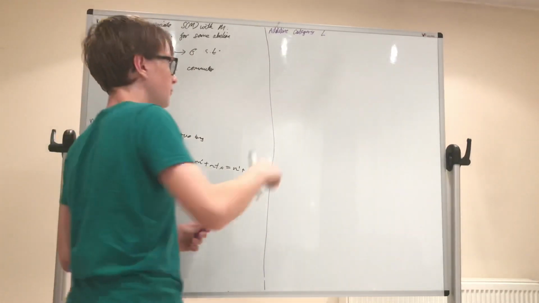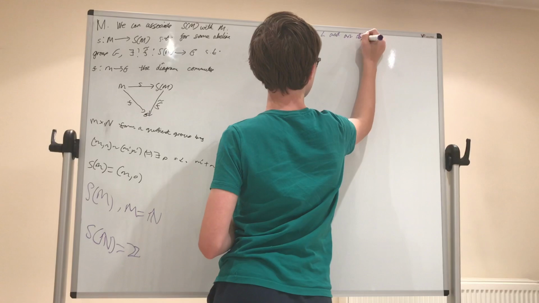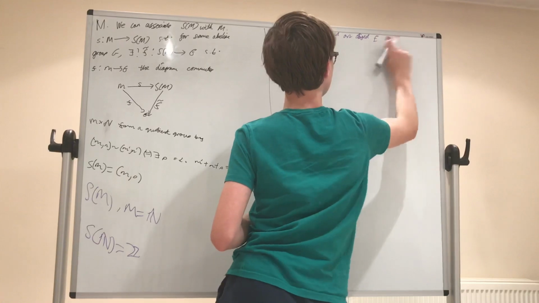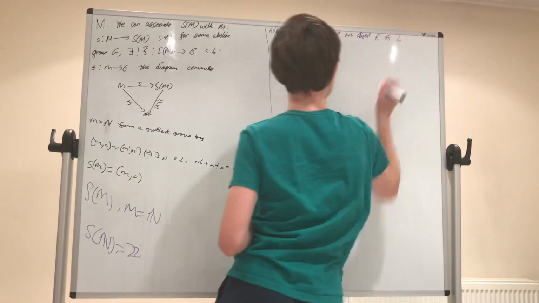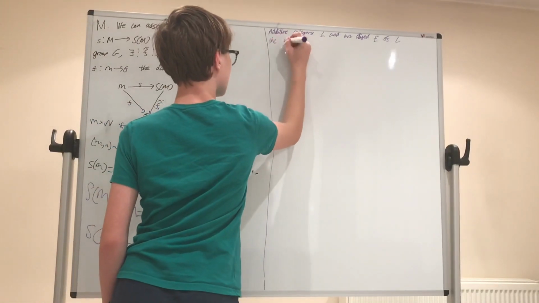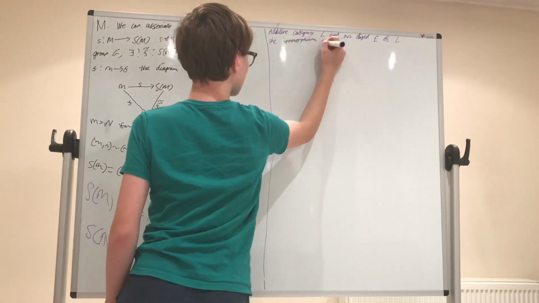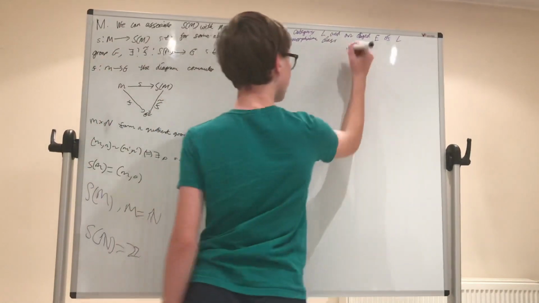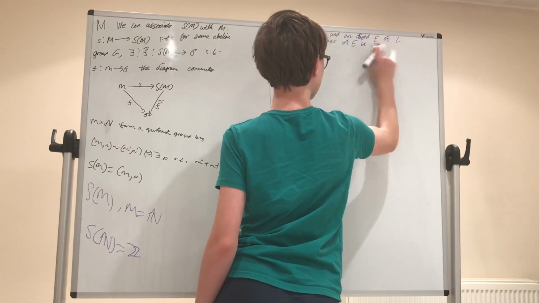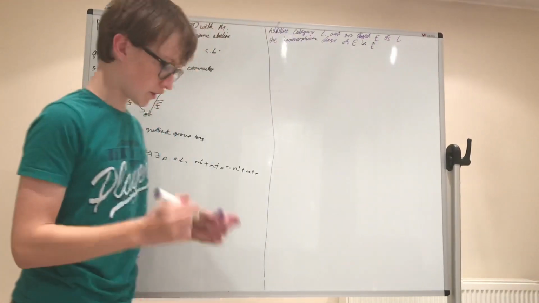We denote the isomorphism class of an object E in L. Then the isomorphism class of E is denoted E dot, like this, okay?